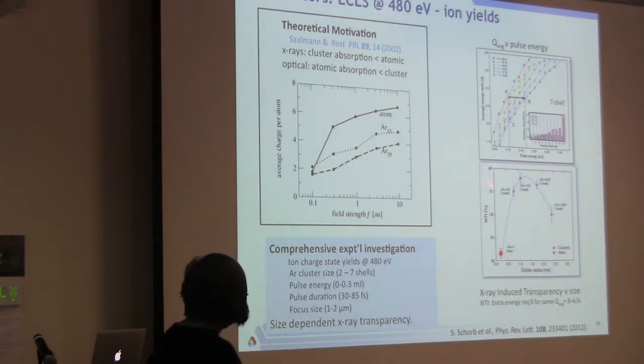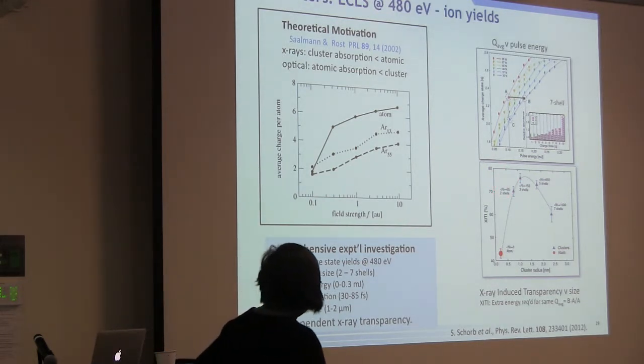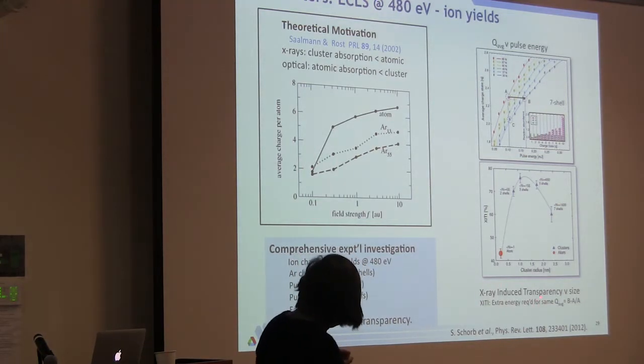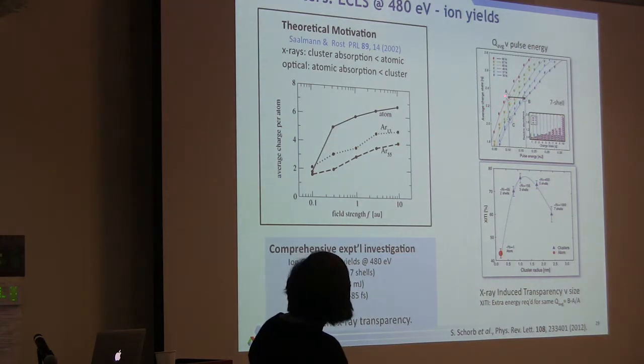And what you can see, which is kind of interesting, is the X-ray transparency, which is defined as the amount of extra energy that's required to achieve a particular charge state when you go between these different pulse durations.